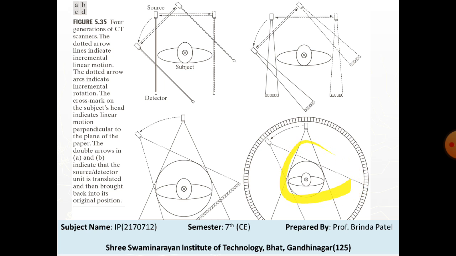This is the subject and it is moving, right? It is generated by incrementally moving the subject, meaning after each complete scan, which is the pass of the source or detector plane. Stacking these images computationally produces a 3D volume of the section of the body.